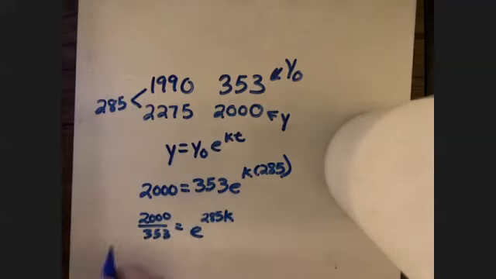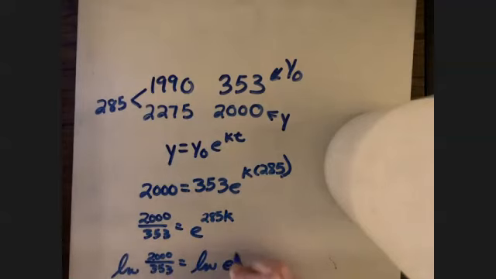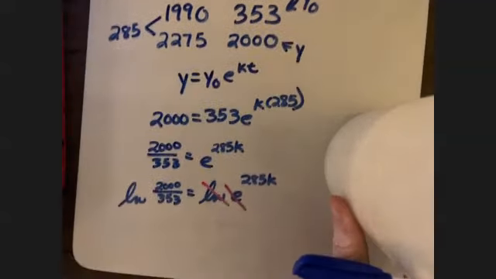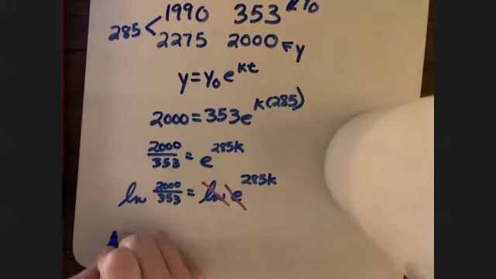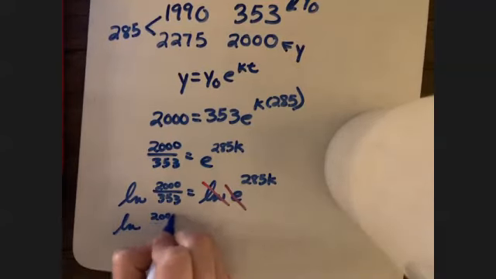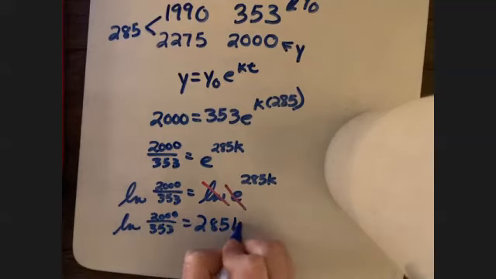So we've got this. Now I'm going to take natural log on both sides. And again, natural log and e cancel each other off. So now we bring this down. Natural log of 2,000 divided by 353 equals 285k. And then we're going to divide by 285.